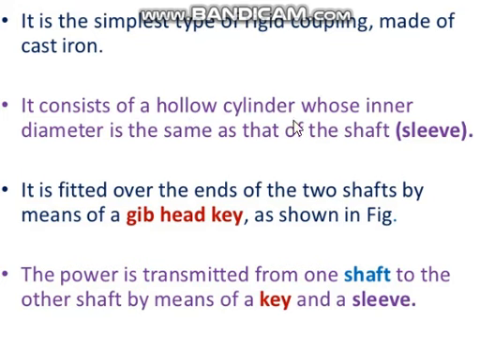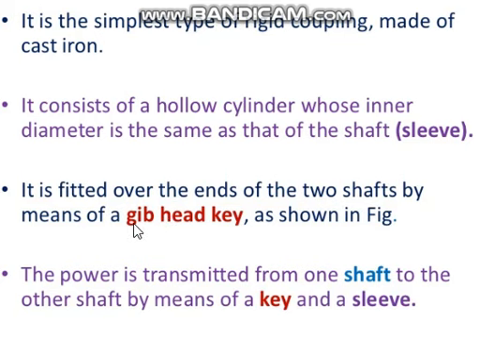It consists of a hollow cylinder whose inner diameter is the same as that of the shaft. The sleeve's inside diameter, why he wrote sleeve here, I don't know, is the shaft's diameter. It can be treated as a hollow cylinder fitted over the ends of the two shafts by means of a jib head key, as shown in the figure.